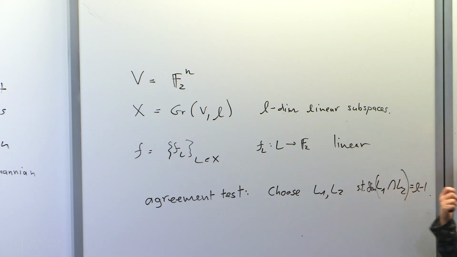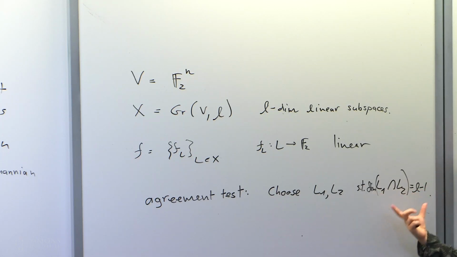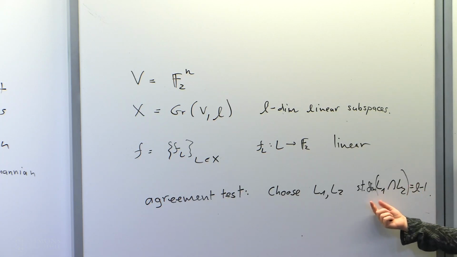The key idea here comes from an earlier work of Subash, Muli, and Dor. They have this amazing idea that we look at very, very large intersection, but still require a structure even when the agreement is very small. So the agreement test is: choose two subspaces that have the largest possible intersection. If the dimension were more than L minus 1, they would just be the same subspace, and there's nothing to check. So they intersect slightly less than that.